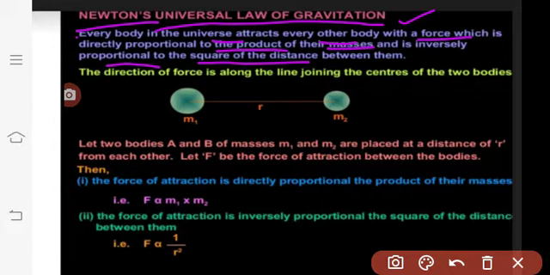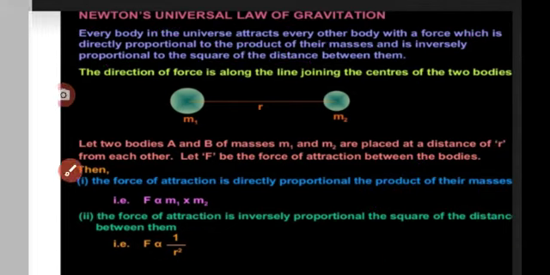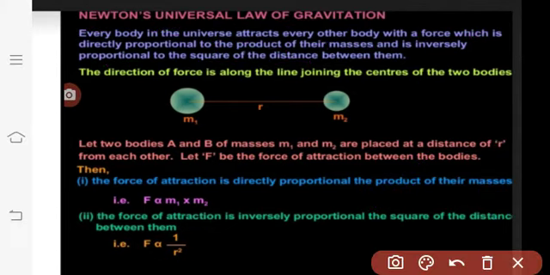Means the attractive force between any two objects in the universe is directly proportional to the product of masses and inversely proportional to the square of the distance between them. The direction of force is along the line joining the centers of the two objects.